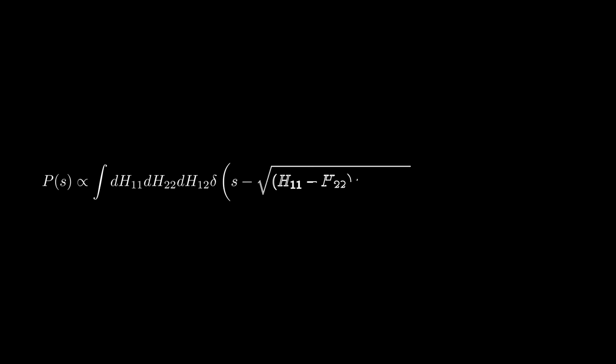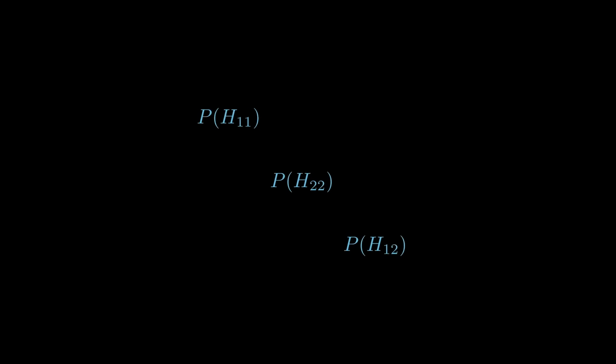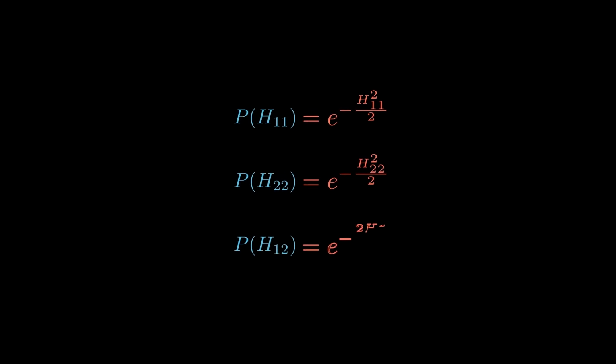Okay, so that's just a little bit of intuition looking at s, but we can actually find it because we have all the ingredients. So we set up this integral here where we specify the spacing to be equal to what we found above. And now we have these three probability distributions of the matrix entries, and we've already specified those to be Gaussians. The only subtlety here is that the variance of the diagonal matrix entries is twice that of the off-diagonal entries.